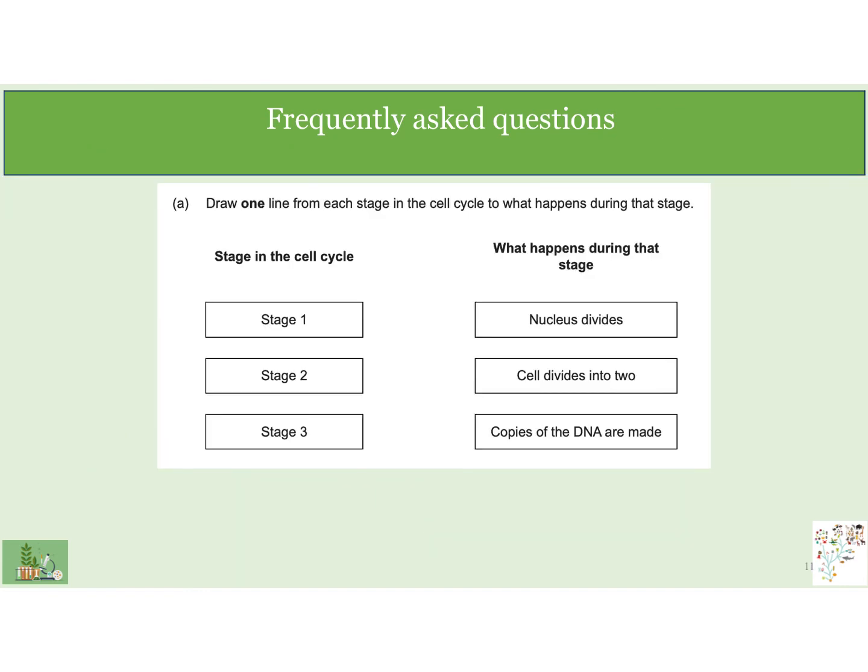So, commonly asked questions that you could get in terms of mitosis and the cell cycle: you need to match the stage to what happens. We said in stage 1, the very first thing that happens in mitosis is the DNA gets copied. The nucleus then divides, and then finally, once the nucleus has divided, the cell divides in two.